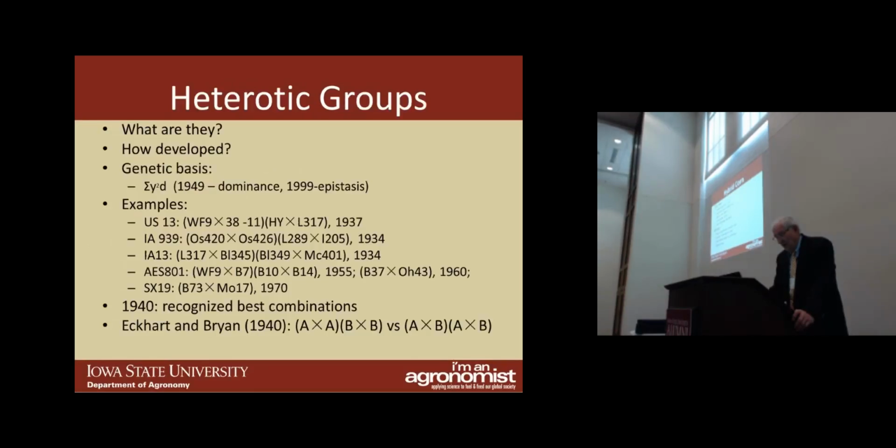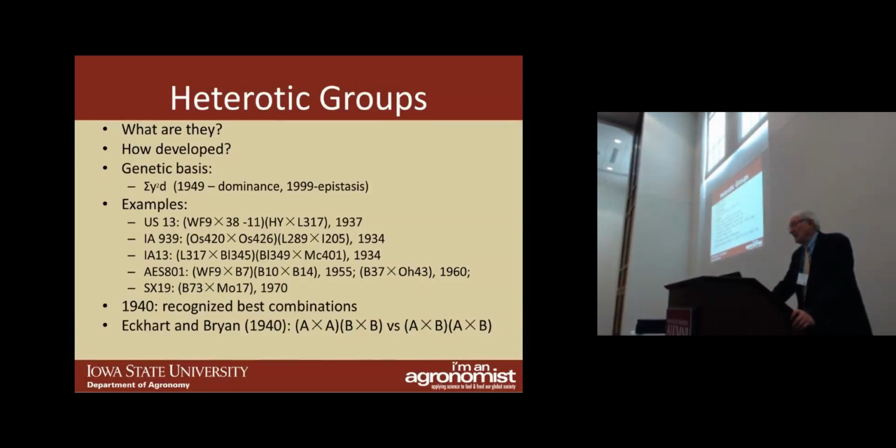Then we come to the heterotic groups. What are they? How did they develop? Well, they're not something that occurred naturally anywhere. It's something that was empirically determined by the corn breeders. And, of course, then heterotic groups, what is the basis of heterosis? Well, Falconer has this elegant little formula, a very simplified version, that the genetic base is the summation y squared d.